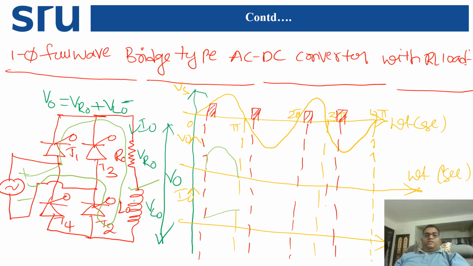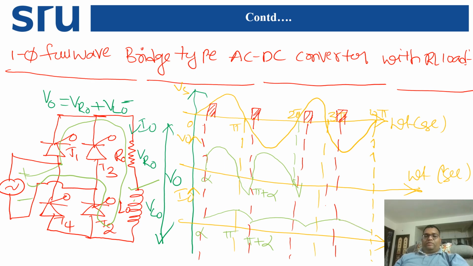After that, due to the inductor energy, it will continuously discharge, so there will be a voltage from pi to pi plus alpha. This is alpha, this is pi, this is pi plus alpha. Similarly, for the negative half cycle T3 and T4 will conduct up to this duration, giving the second pulse, and a negative pulse will be there. Similarly this also charges and discharges.